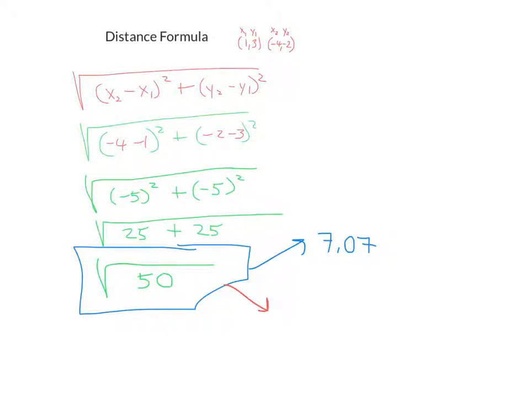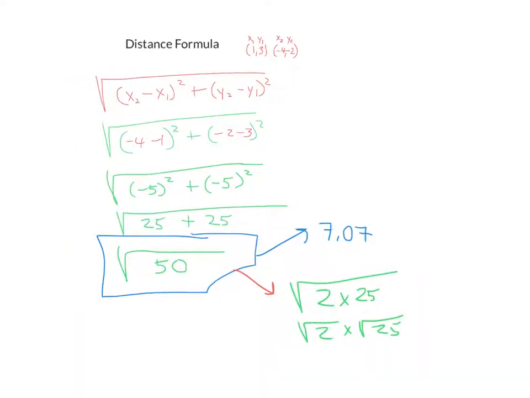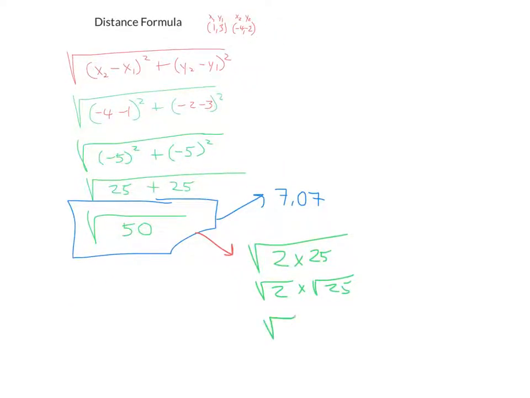The square root of 50 is really the square root of 2 times 25, and that could be split up as radical 2 times radical 25, which is radical 2 times 5, because the square root of 25 is 5. And then finally, you could rewrite that as 5 radical 2.